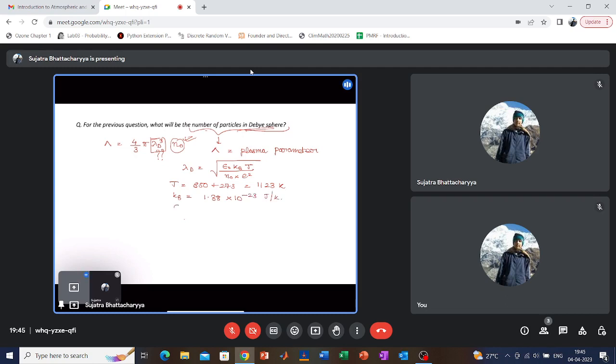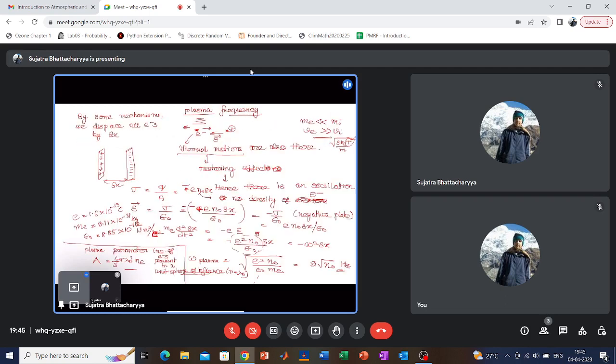And what is epsilon naught? 8.85 into 10 to the power minus 12 Newton meter square per Coulomb square.